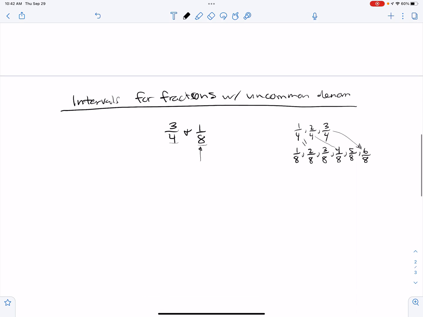So if you have some sort of a fraction that has a 2 as a denominator, you might be able to use, depending on what your other fraction is, fourths as an interval. So we could say, we'll call this like our base or our endpoint fraction. Endpoint could be a fraction with a 2. So your interval could be something with fourths or maybe sixths, depending on your fraction, or eighths, tenths, perhaps.